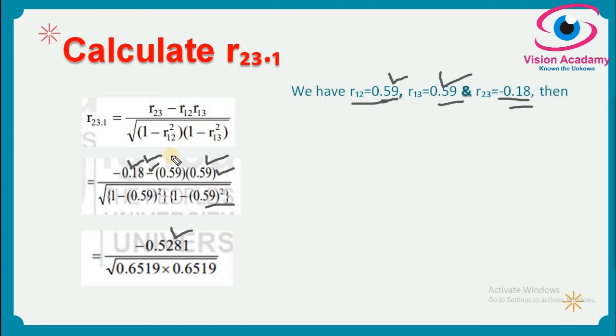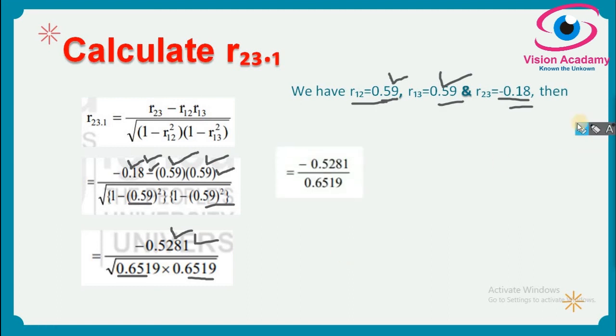Here minus into minus, which will be added. For that, this is 0.5281. In the denominator, 0.59 into 0.59, then subtracted by 1. So I got 0.6519. Here 0.59 and 0.59, and then again subtracted by 1, same value 0.6519. So for the next step I will simplify this further.